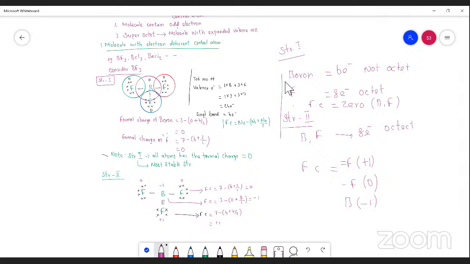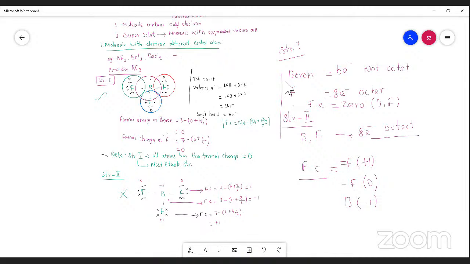So even though in the second structure all become octet, the formal charge is not satisfied. So which one is most stable? The one in which all formal charges become 0 is most stable. So we conclude which structure is possible for BF3. This structure is possible and it is not the correct structure for BF3.